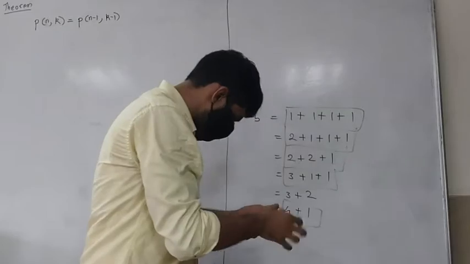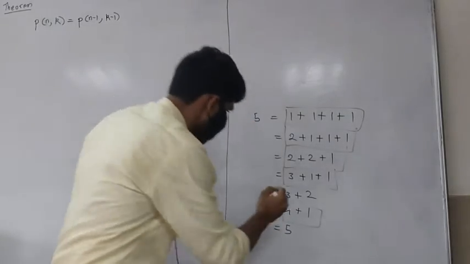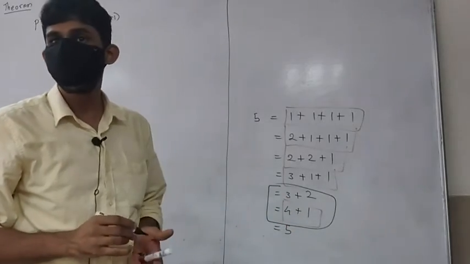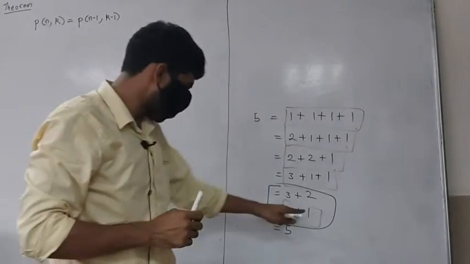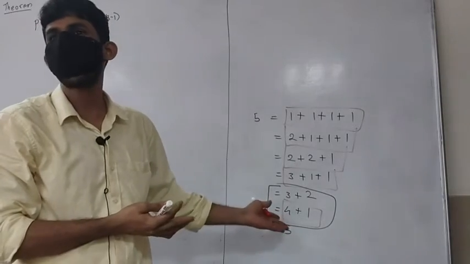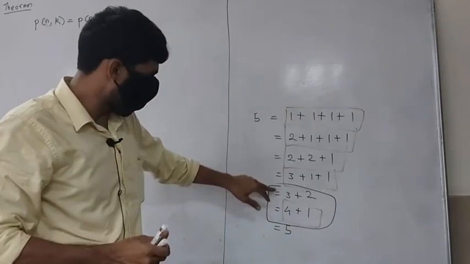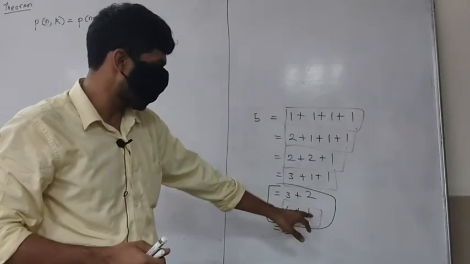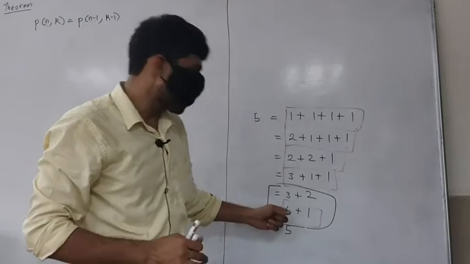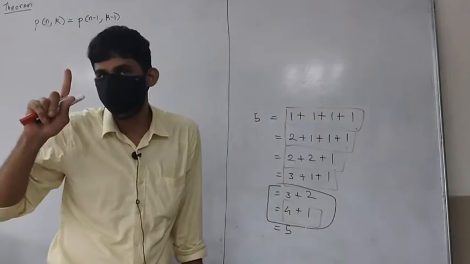Let's look at the number of partitions of 5 into 2 parts. There are 2 possibilities. Of course, this is a very small number, so you're not going to get too many options here. For partitions of 5 into 2 parts, either you end with 1 or you don't end with 1. If you end with 1, you get the number of partitions of 4 into 1 part.